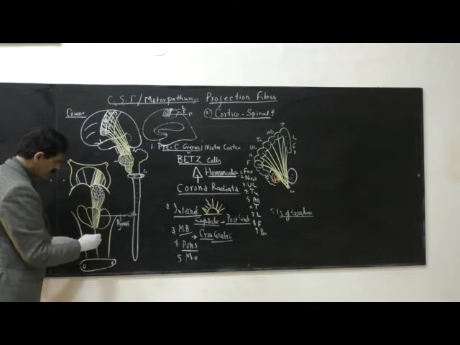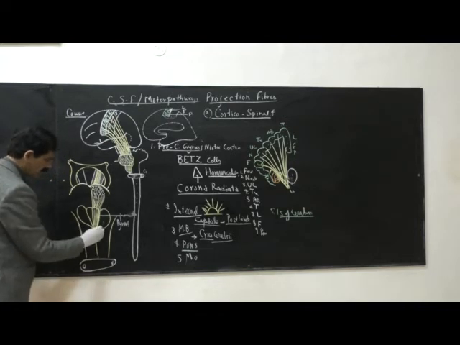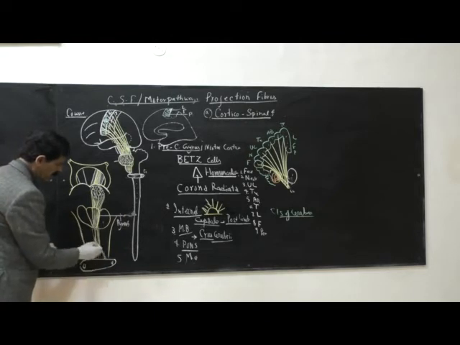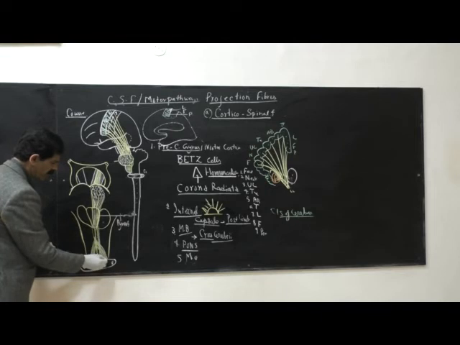So when these fibers descend downward, 80% of them cross over to the opposite side, while 10% remain on the same side and descend ipsilaterally. So 80% cross. This crossing of the corticospinal fibers occurs at the level of the lower part of the medulla, just above the atlas vertebra.